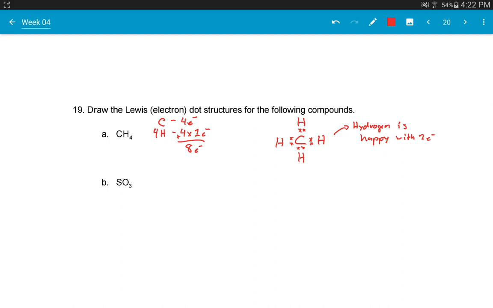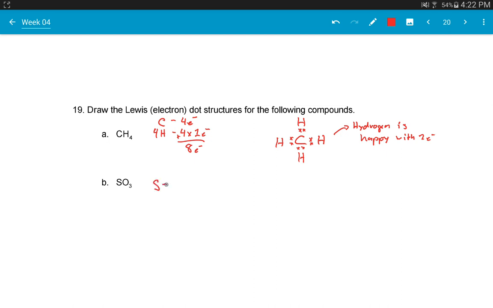For the next one, we're looking at SO3. It's important, as an aside, that this is not sulfite. If it were sulfite, it would have a negative 2 charge listed. It's sulfur trioxide, uncharged, neutral.